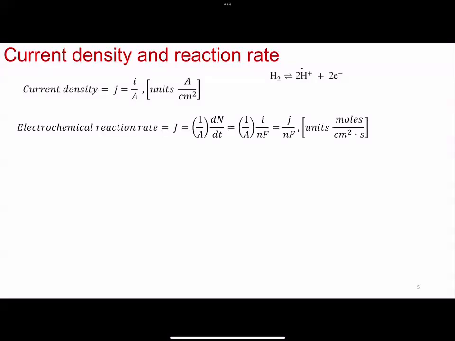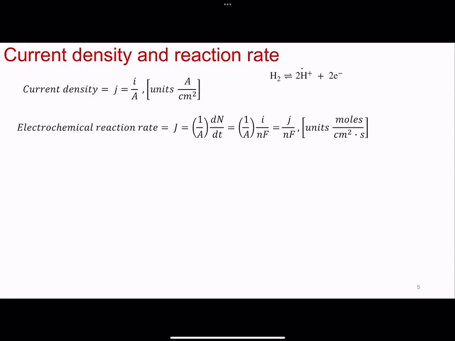So the electrochemical reaction rate, then we want to know, all right, well, if I pump in this hydrogen gas, what is the rate of conversion and oxidation so that the protons, let's say for polymer electrolyte membrane fuel cells, can then migrate through the polymer membrane and then react with the oxygen once the oxygen has been reduced and then produce water, right?